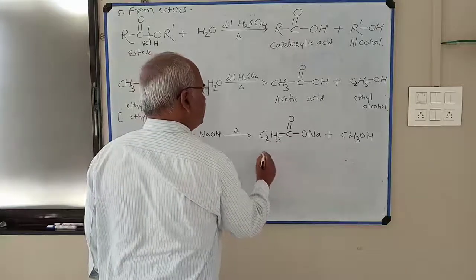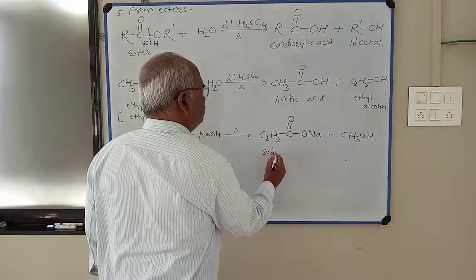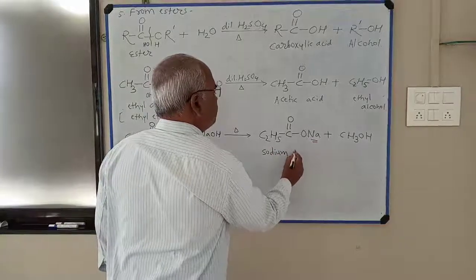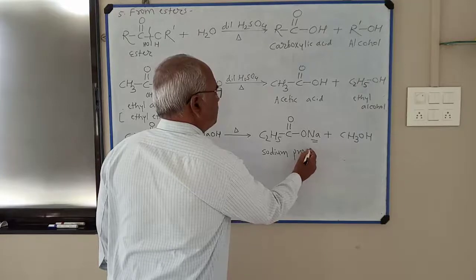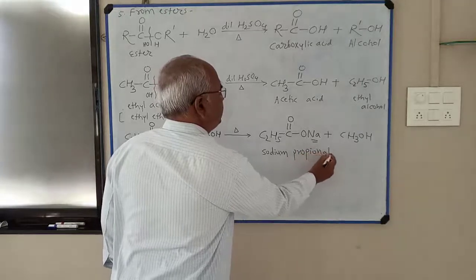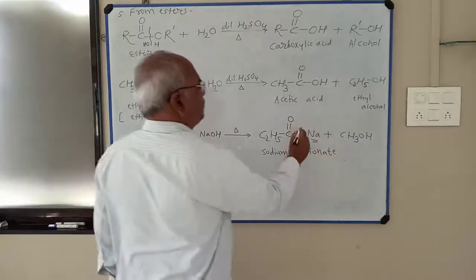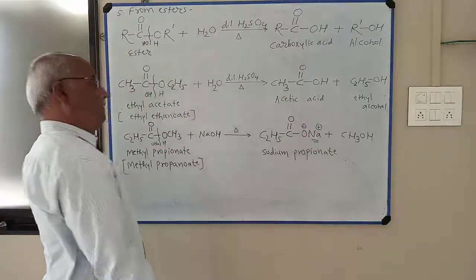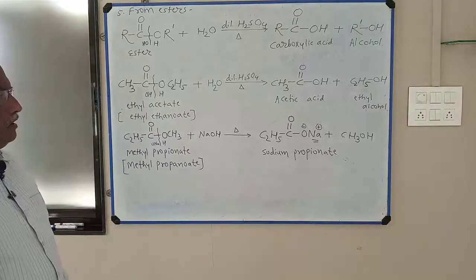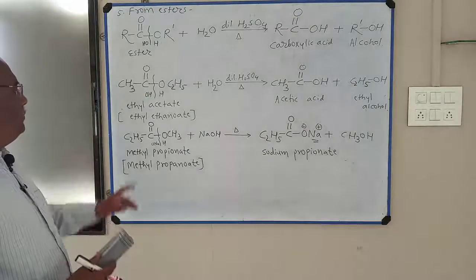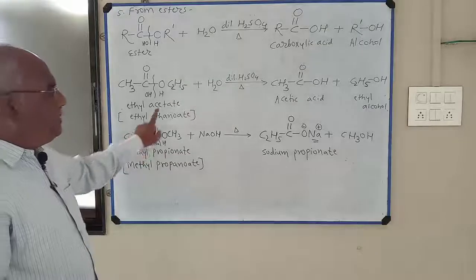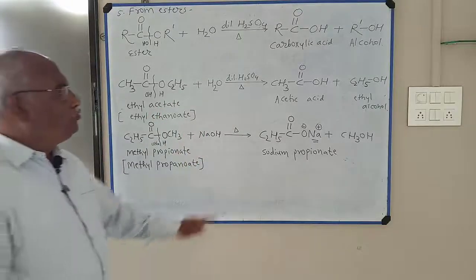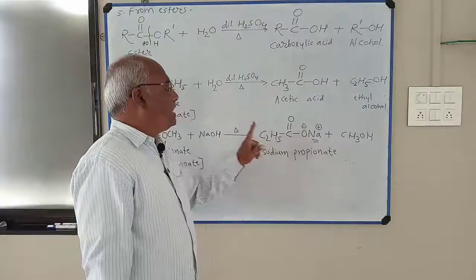The name of the salt is sodium propionate. This salt is produced. Here minus sign, here plus sign. So ester, when boiled with dilute alkali, gives the sodium salt of carboxylic acid.